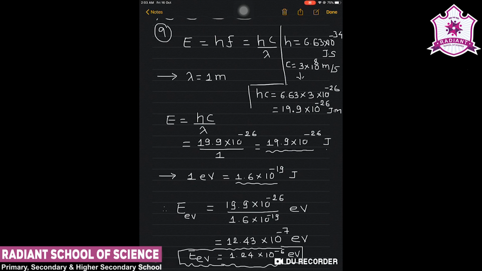So that is question number 9. We can leave it up to you. We are given many values, so in the exam you may be asked for any particular lambda, any value of wavelength, but you can convert it with the help of this way and convert it into electron volt by the equation.